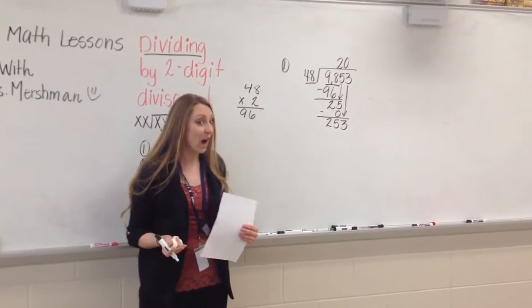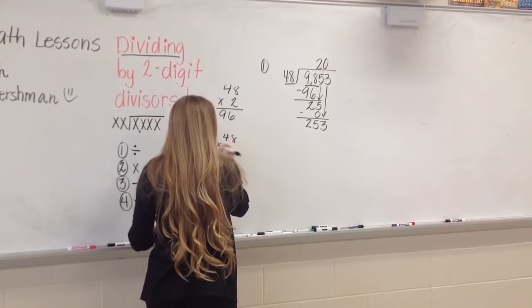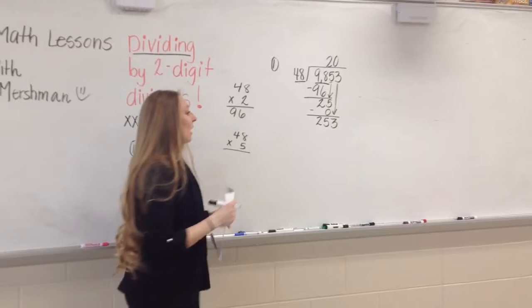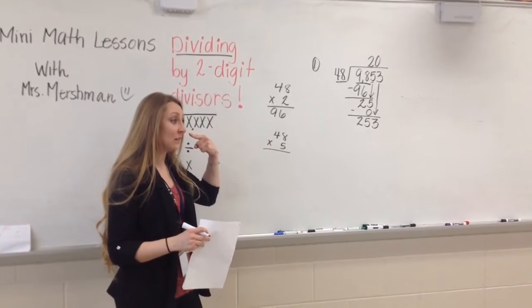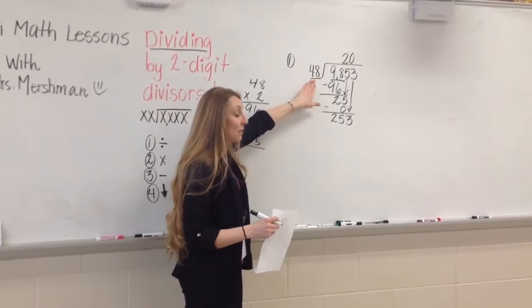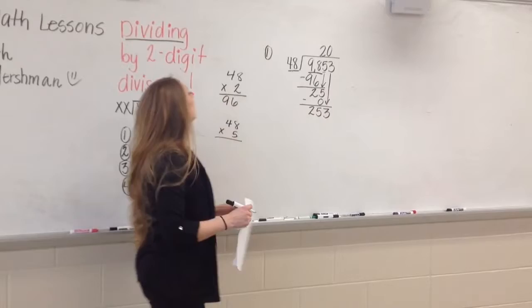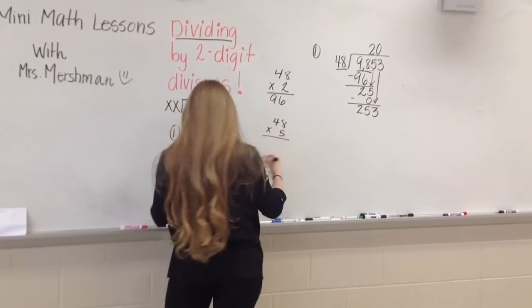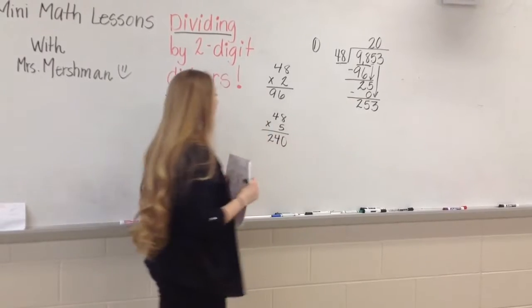And I know that that's 5. So I would start out by checking, what's 48 times 5? Again, I picked 5 because that was the estimation I did in my head to see about how many times this number can go into 253. 48 times 5 ends up giving me 240.